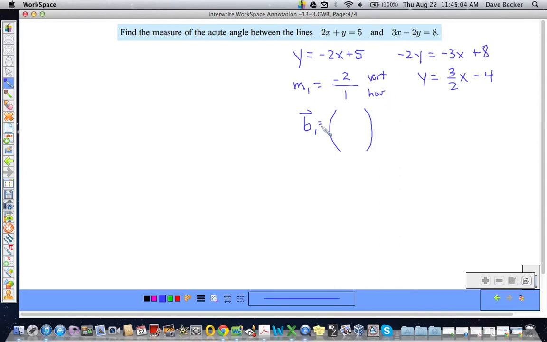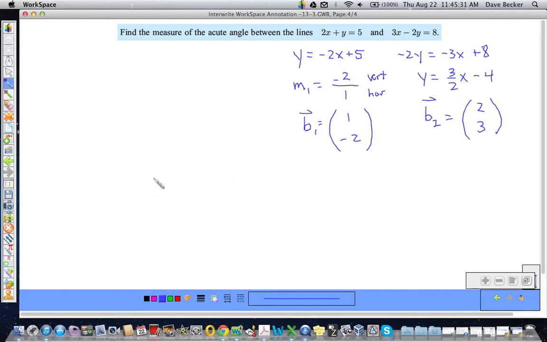And remember, a directional vector, or any vector, I'm sorry, is horizontal and then vertical. So this directional vector would be 1, -2. And so for b sub 2, using the same idea, this vector would be 2, 3. Okay? Horizontal, vertical. And with slope, it's vertical over horizontal.